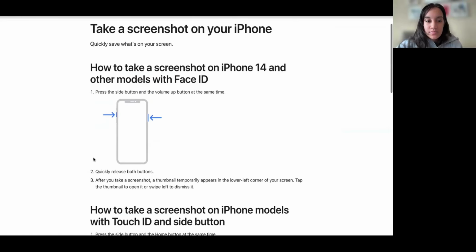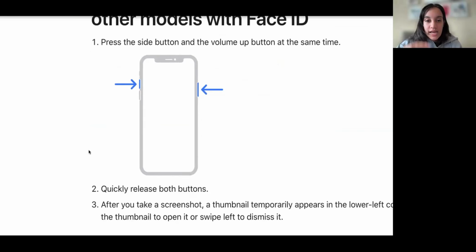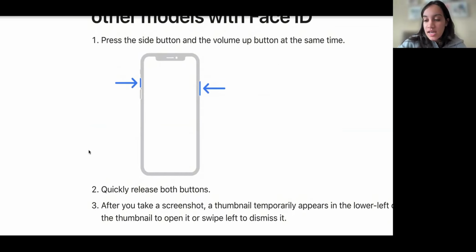Once you do that, the screenshot will be in your photos, and from there is where you can actually print the conversation. If you go to your photo library with all your pictures, it should be the most recent picture in there.